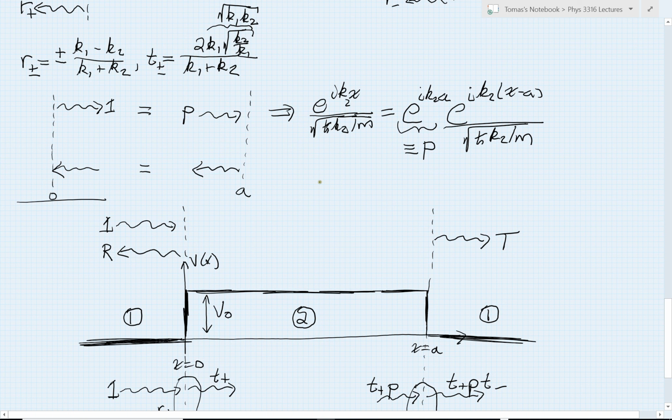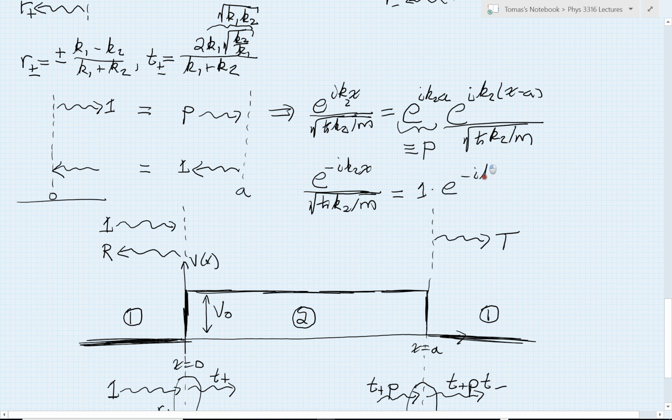So on this side, I have e to the minus i k2x divided by square root. You can see why we like the diagrammatic notation. Writing all these square roots would drive you crazy, right? That represents this term, and I want it to equal, it'll probably need some prefactor. It's going to equal 1 times the backward traveling wave. So I want that equal to 1 times e to the minus i.